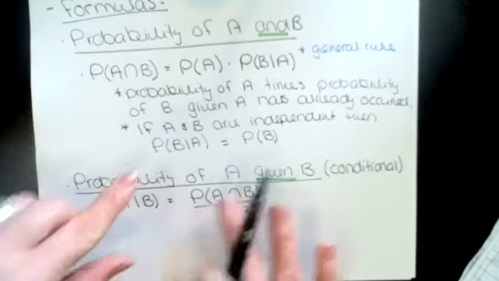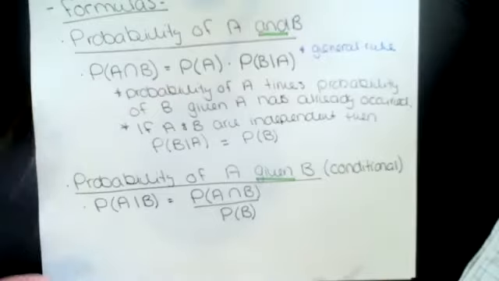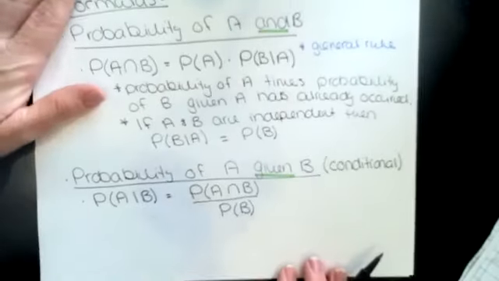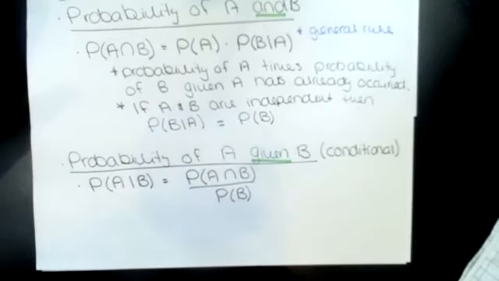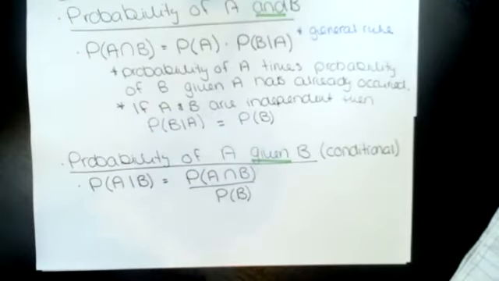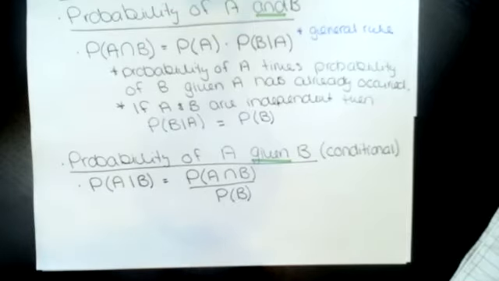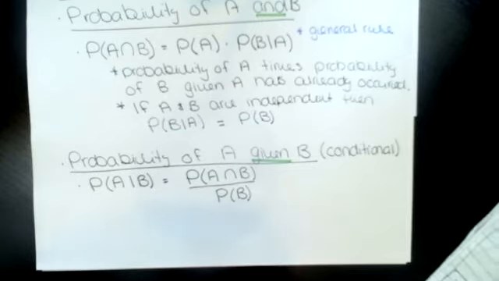So this is not meant to plug into here. It's just a rearrangement of this formula for this formula, okay? So we don't have a special case or anything for my conditional probability. We just have that one formula. Guys, remember, you do not have to use any of these at all.